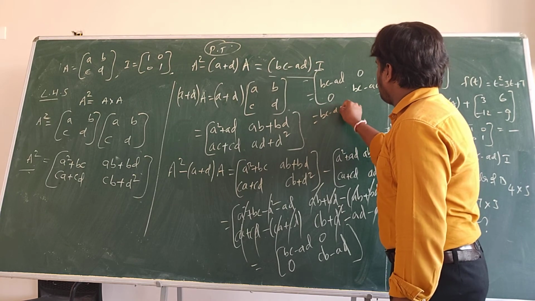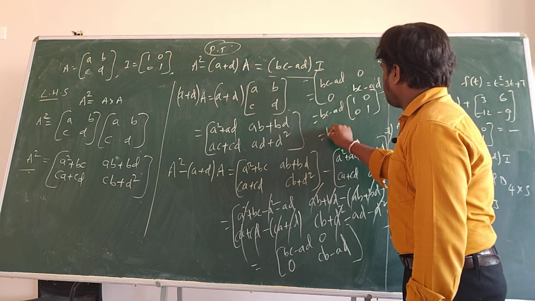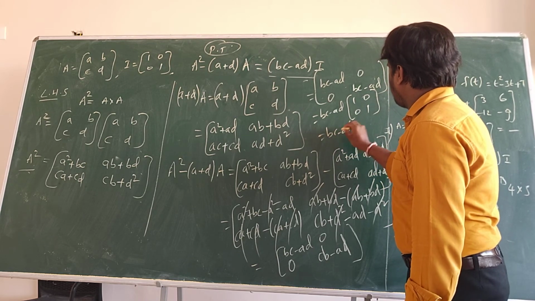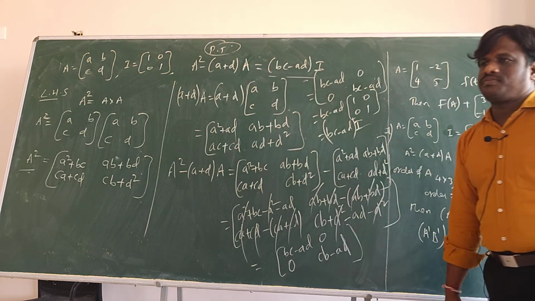BC minus AD you take common, so you get 1 0 0 1, and that is nothing but (BC minus AD) into I. This value is I.